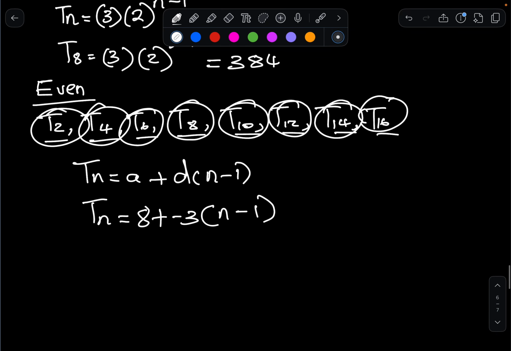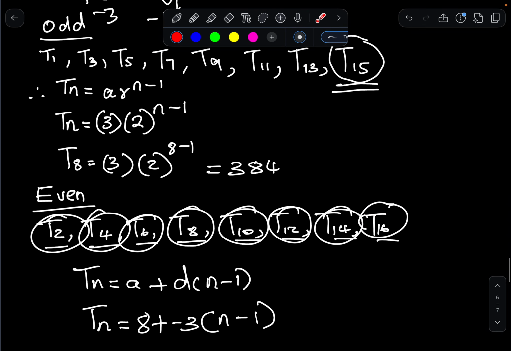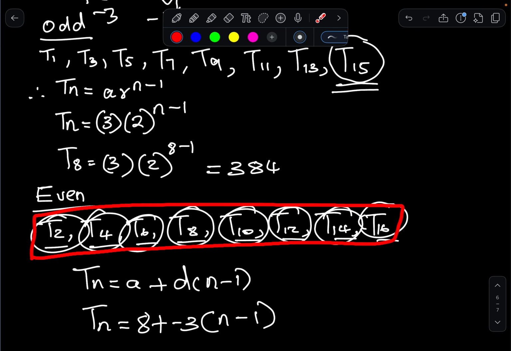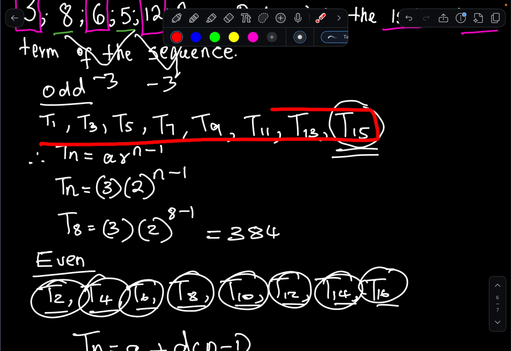But I'm looking for position 8. Position 8 is term 16 of the sequence. Remember, position 8 of even is position 16 of the entire series. Remember, the entire sequence is the even combined with the odd. You see? So let me just show you what I mean.